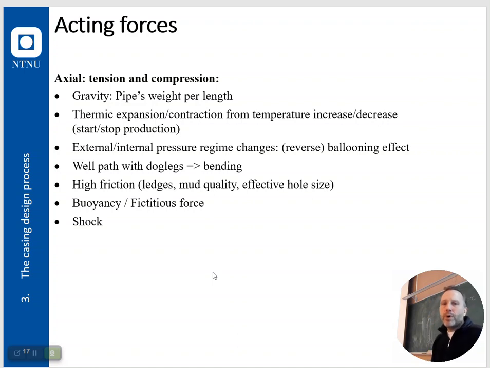In bends you'll have bending. We'll have a look at that too. It creates a local stress regime. High friction, ledges, mud quality, effective hole size are things that contribute to higher friction. Buoyancy, fixtures force. Buoyancy is actually a very advanced topic that has been discussed for so many years.